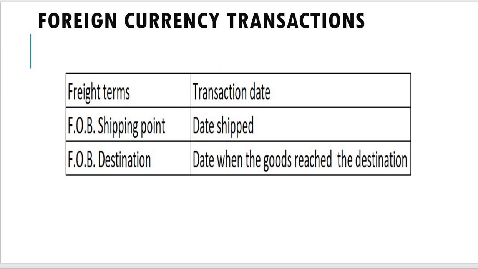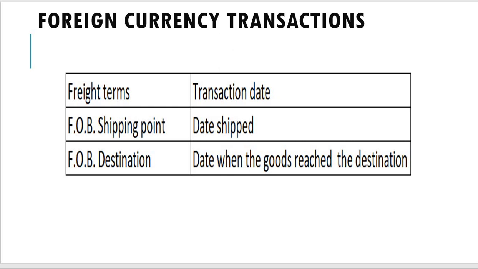Di ba? So normally, mag-differ yung date it was shipped and the date when the goods reach the destination. In FOB shipping point kasi, yung legal title mapass na siya on the date it was shipped.